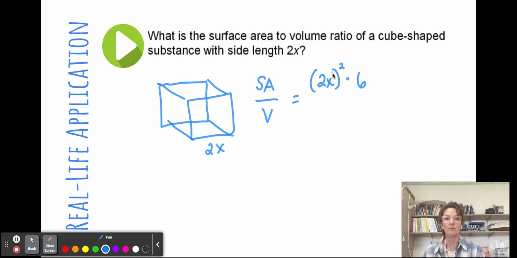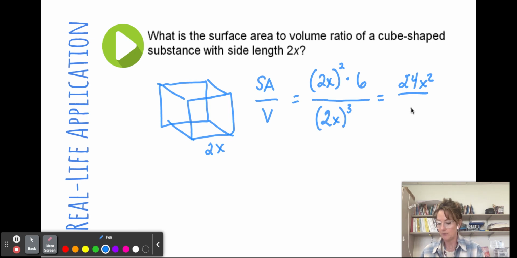Just writing that out because I know I need the area of one of the faces and then that times 6. When I'm doing the volume, I basically have the length times the width times the height, and they're all 2x. So I basically have 2x cubed. So if I go ahead and get 4x squared times 6, I'll have 24x squared, and 2x cubed is 8x cubed, and this is what I'm simplifying.